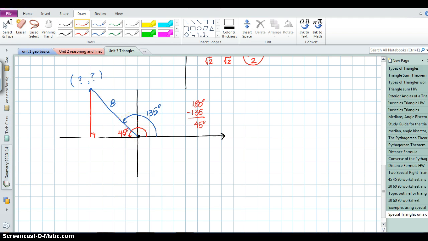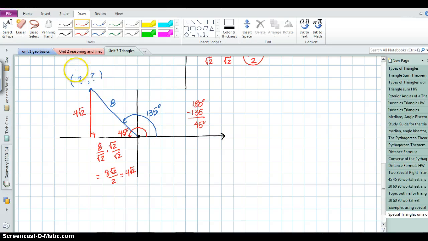And that's great news, because now I know that's a 45, 45, 90 triangle, so I can use my information about that. That means this leg is 8 divided by rad 2. Rationalize that: 8 rad 2 over 2. Simplify that, and I get 4 rad 2. Again, because it's isosceles, my other leg is also 4 rad 2.